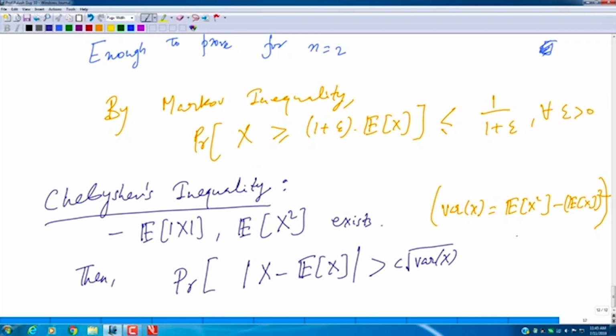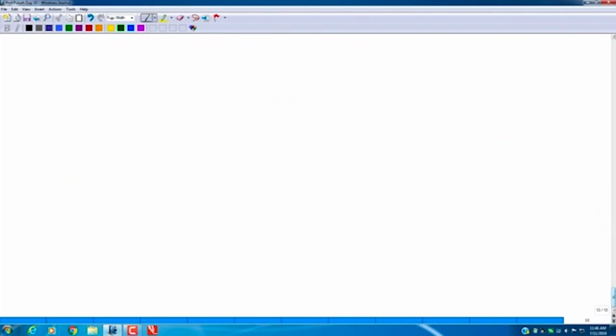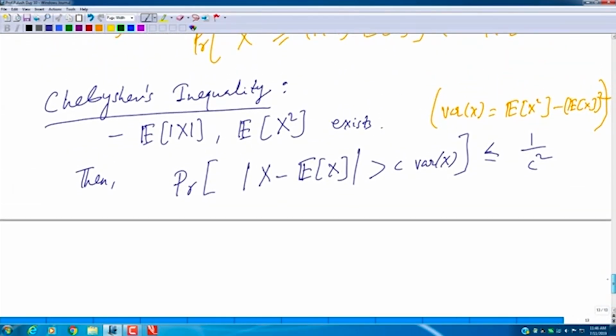I think I'm messing it up. Let's see. It says that the probability that x deviates from the expectation of x by c times the variance is less than or equal to 1 over c square.